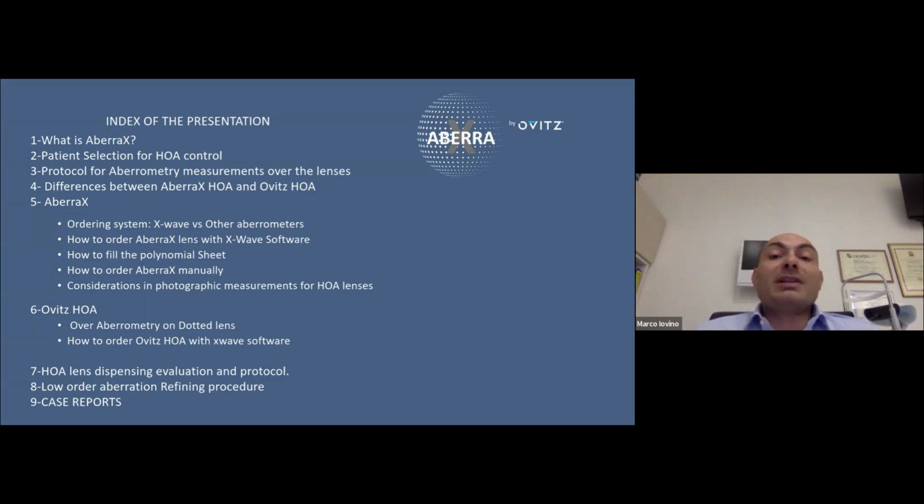This is new because in the past we took a full aberrometry of the eye on a naked eye, but we never used an aberrometer to take full aberrometry over the lens. We like to call this procedure over aberrometry. Also, we will talk about how to order an Aberrometry system, and we will clarify the difference between Aberrometry and OVITZ HOE.